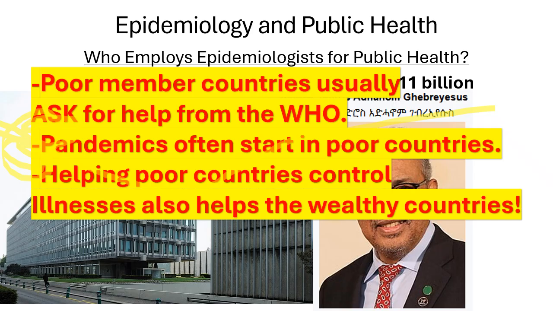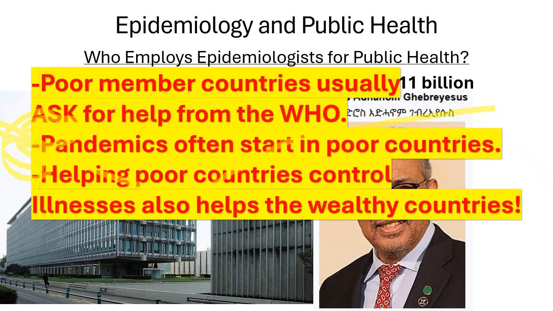The reason they start in poor countries is because the poor countries have public healthcare systems that are underfunded and have limited ability to stop epidemics and outbreaks. So sometimes the World Health Organization comes into a poor country and tries to help them control an outbreak of a dangerous disease before it has the chance to spread.